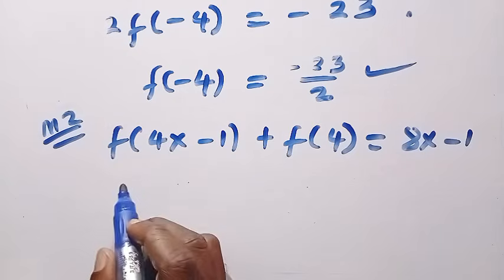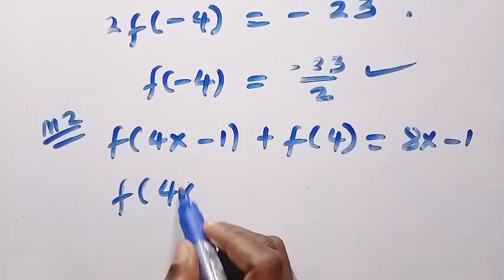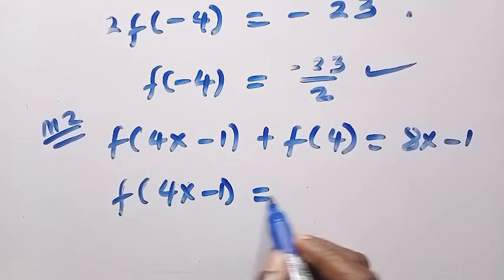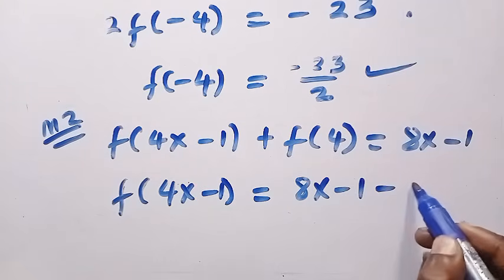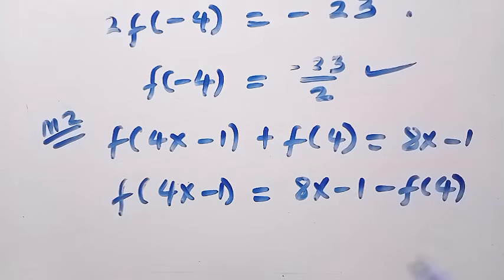Before we do that, we can just say f of 4x minus 1 equals, if we transfer this, 8x minus 1 minus f of 4.